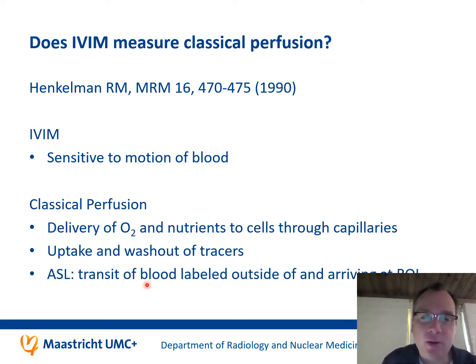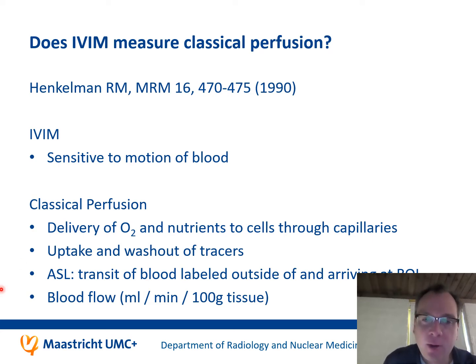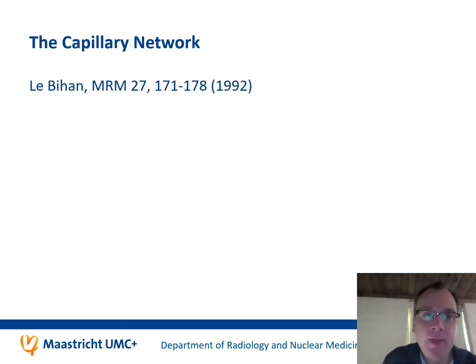With ASL you measure the transfer of blood labeled outside of a certain region of interest, and you see how it arrives at that region of interest. And all these classical perfusion techniques end up with a measure of blood flow, which can be expressed as milliliters per minute per 100 grams of tissue. And is that also possible for IVIM?